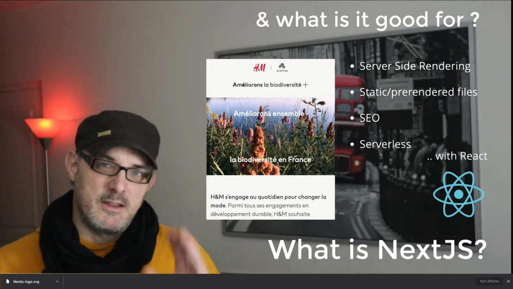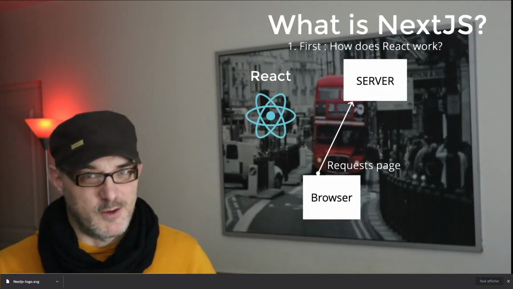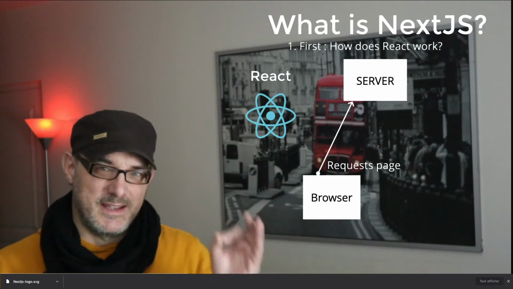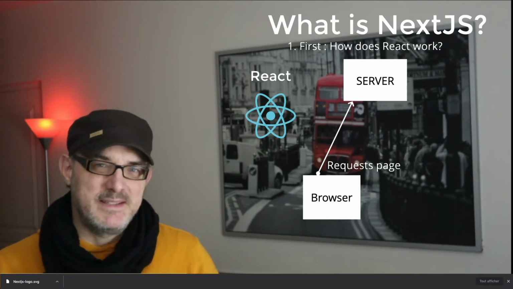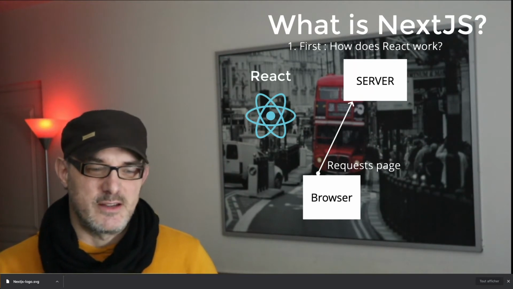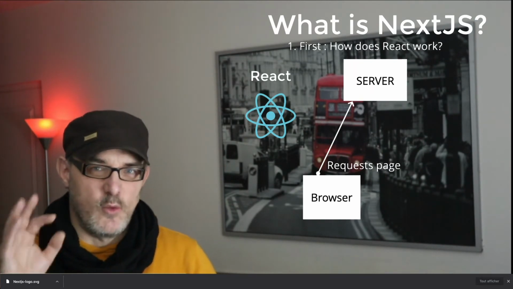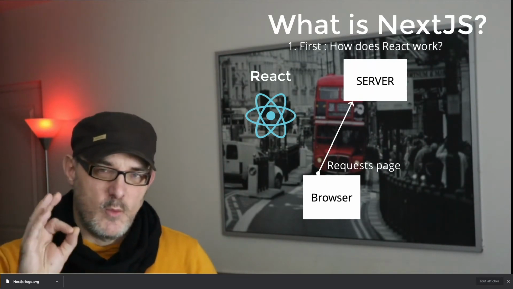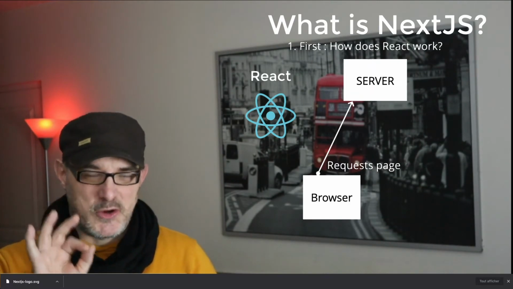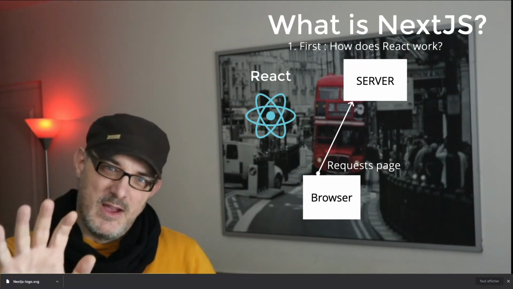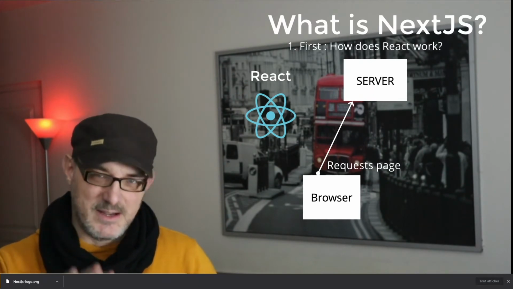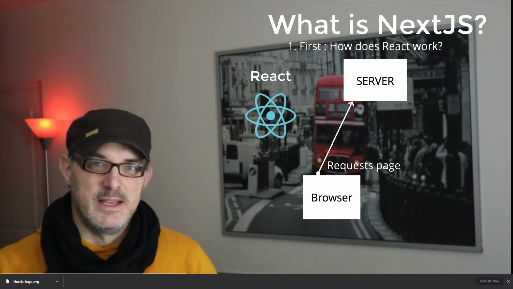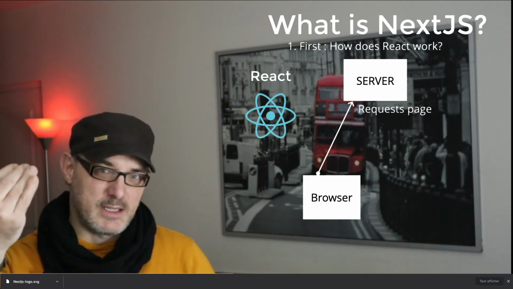Which brings us back to the next question, or the previous question, whatever. What is Next.js? And to answer that question, we basically need to start by answering the question, how does React work? What happens when you connect to a React application is your navigator sends up a request to the server saying, please, can I have the page?